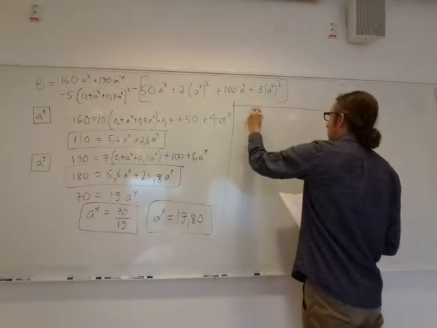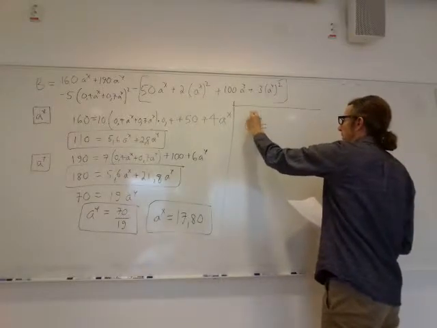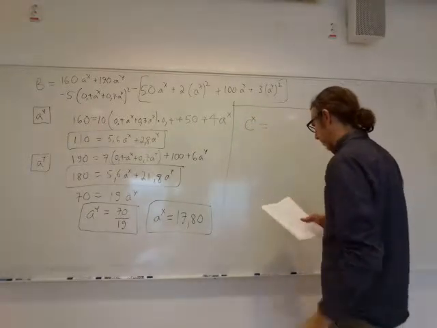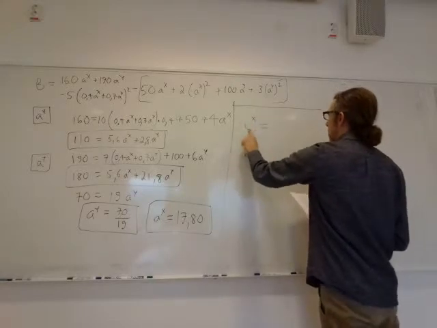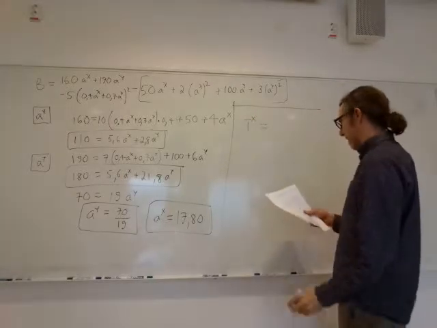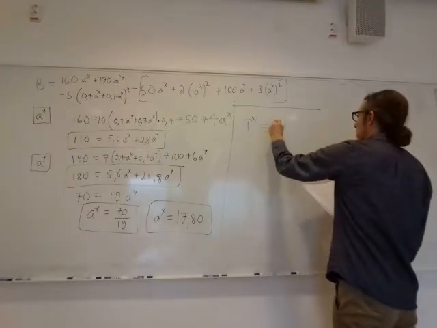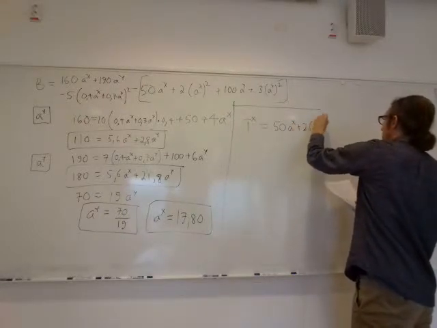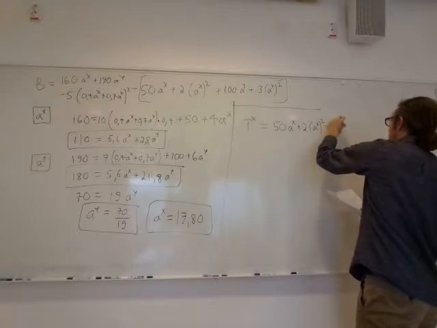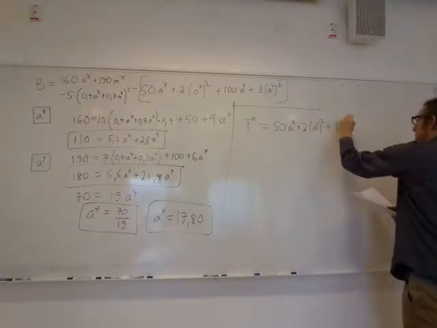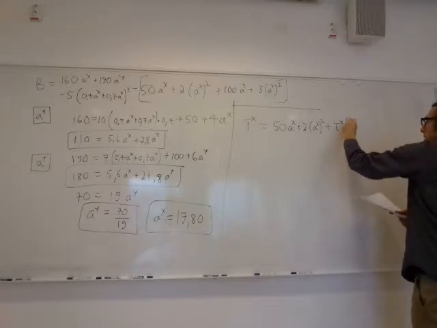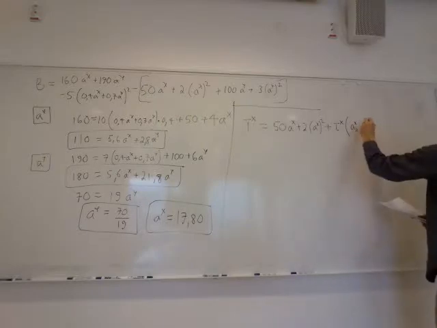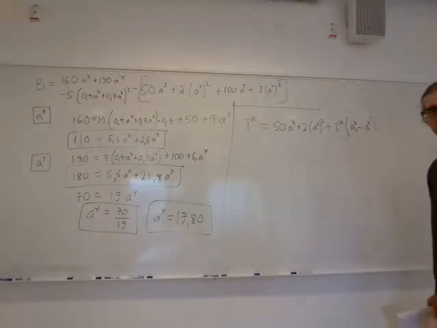The costs for firm X, the total costs, if you like, including the tax, are 50 AX plus 2 AX squared plus the tax on X, tau X, times (A naught X, baseline emissions by X, minus AX, which is abatement by X), isn't it?